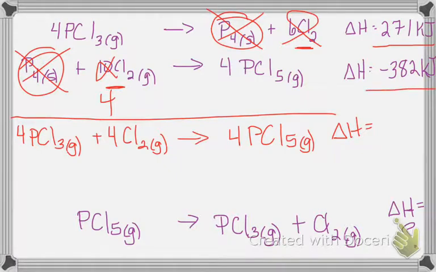No, go ahead and add, because if I say 271 plus a negative 382, the answer to that goes with this equation. Okay? So 271, yes, I get negative 111 kilojoules.